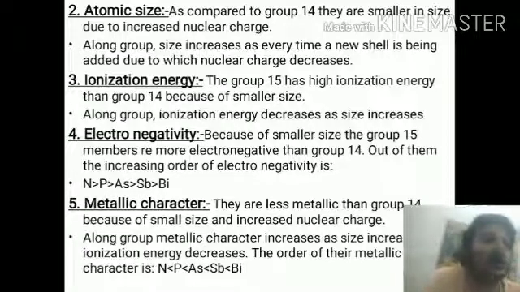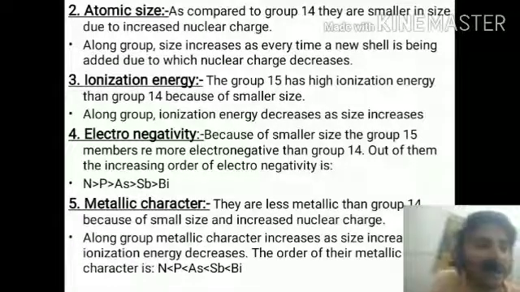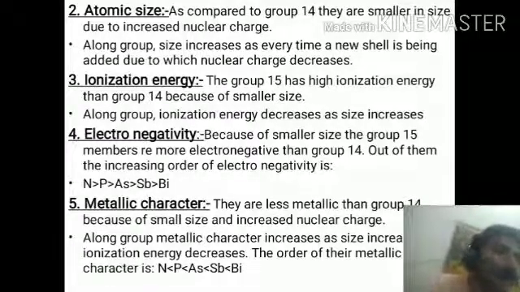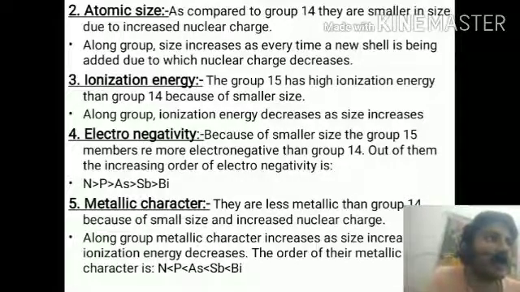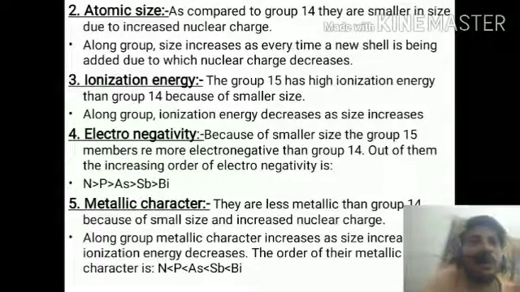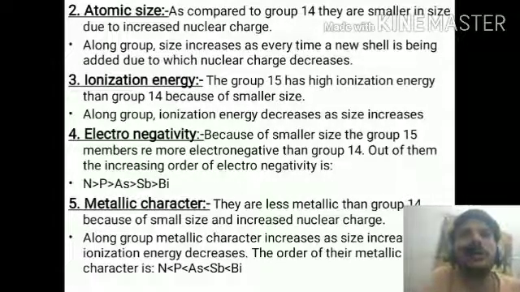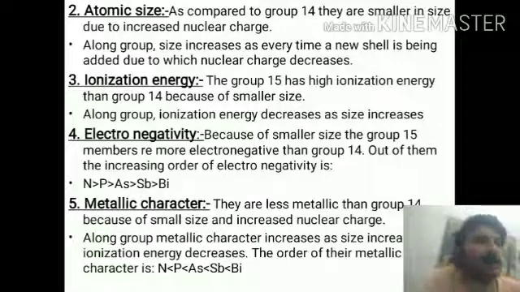Okay, group 15 elements, ionization energy depends on the size. If size is smaller, then there is a high attraction force between the electron and nucleus. So removal of the electron needs a high amount of energy, so we cannot remove the electron easily. That's why a small element has a high ionization energy.